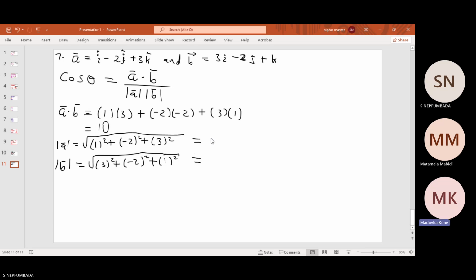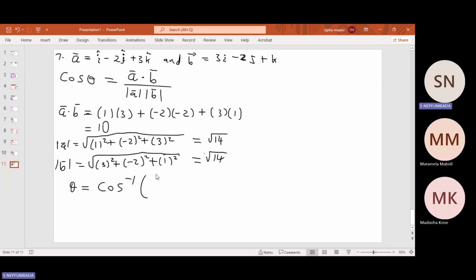Magnitude of A is equal to square root of 14. Magnitude of B, square root of 14. They are all the same. Then we're going to say what? Our theta is equal to cos inverse of what?